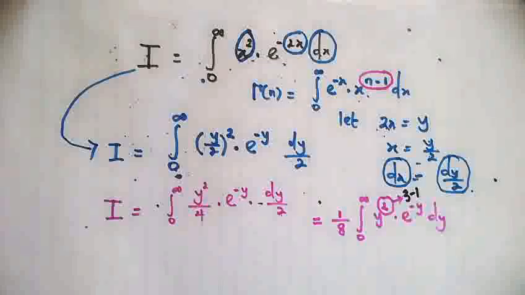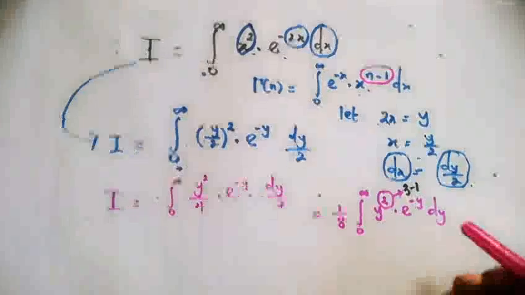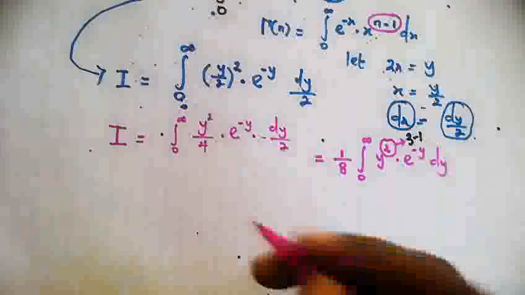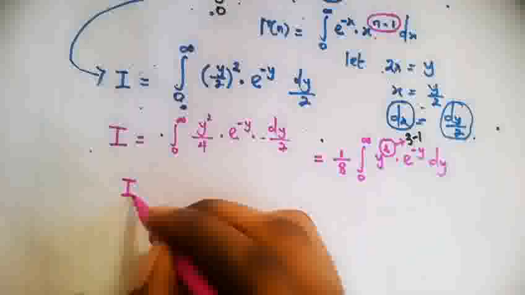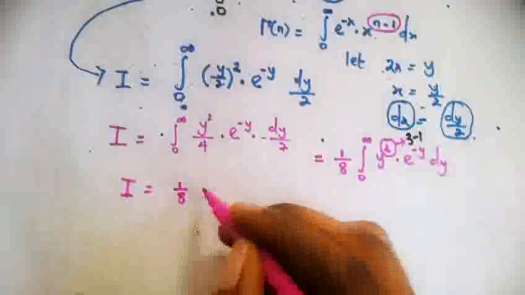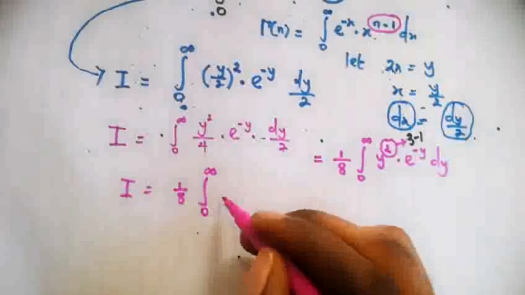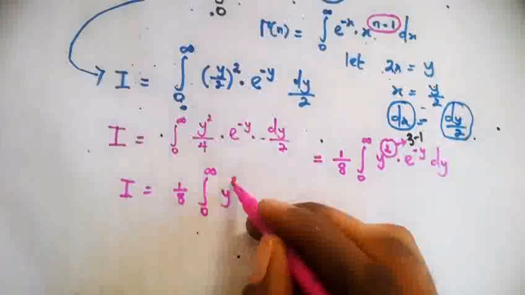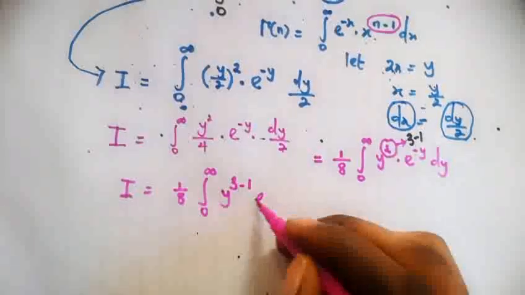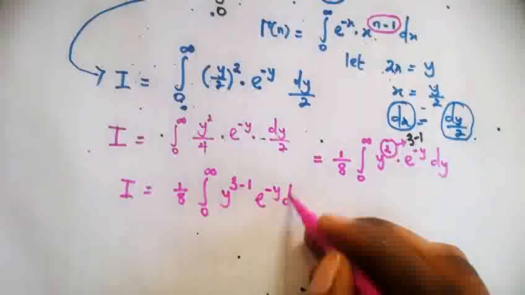When we do this, we have I equal to 1 over 8 integral as y goes from 0 to infinity of y raised to power 3 minus 1, times e raised to power negative y dy.